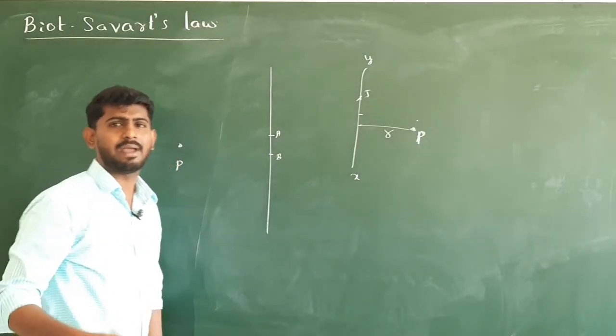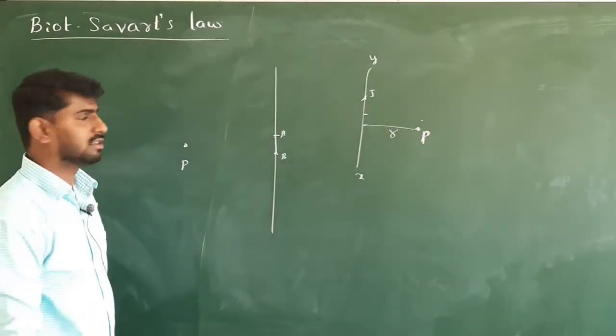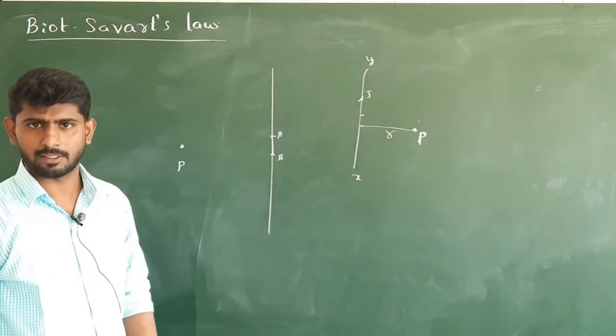This is the rule. Then you may ask why we take only the small element, and why we can't get the magnetic field due to the entire conductor directly.